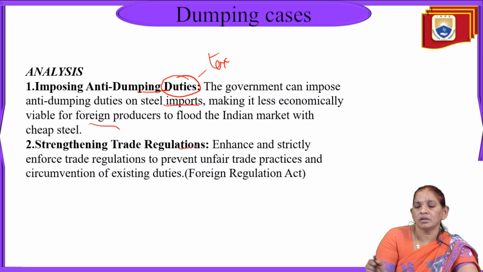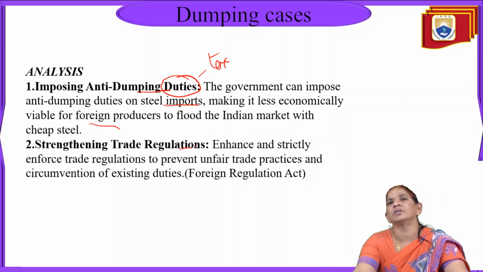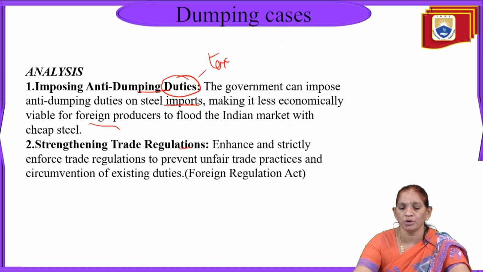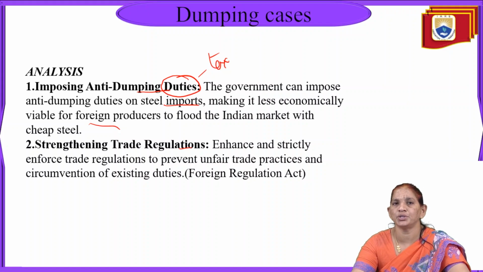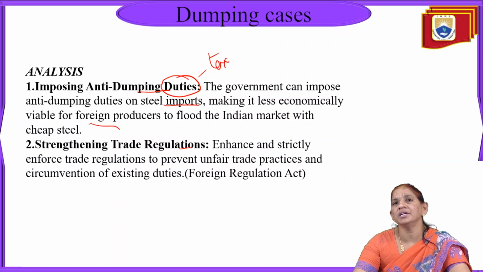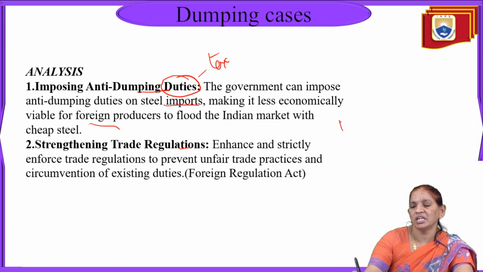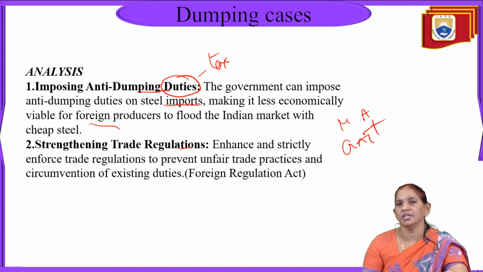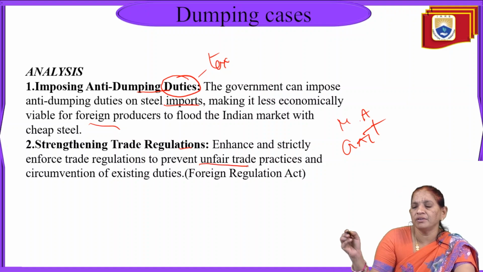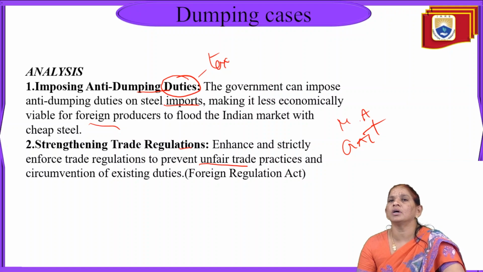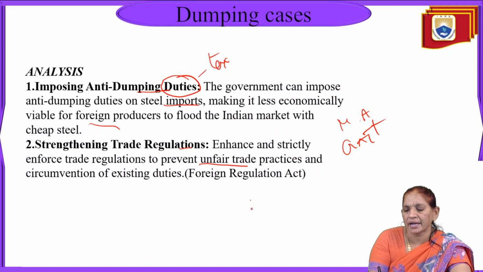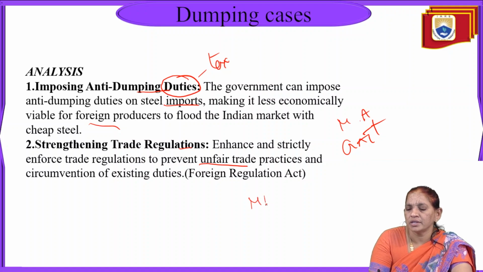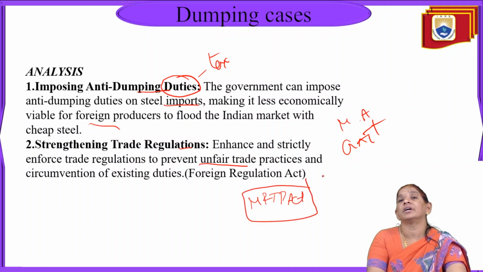The next measure relating to the analysis of steel dumping in India from China is strengthening the trade regulations. That means our regulations relating to multilateral agreements or the General Agreement on Tariffs and Trade, where we want to strengthen by preventing unfair trade practices. As we know, the Monopolies and Restrictive Trade Practices Act was given after independence.